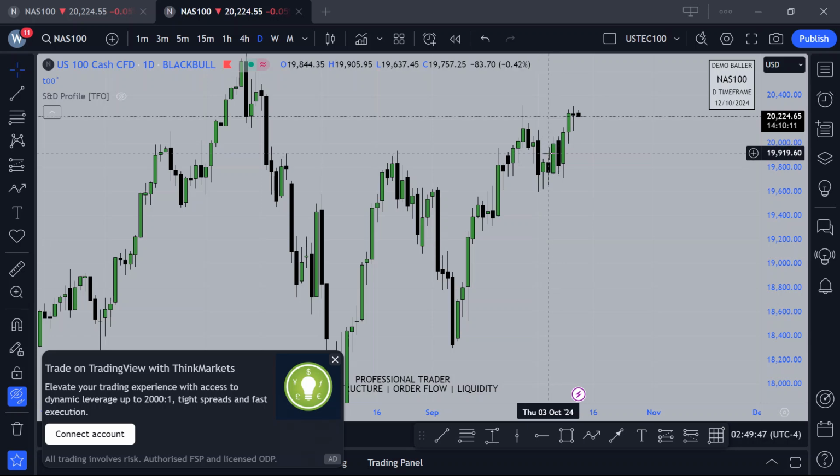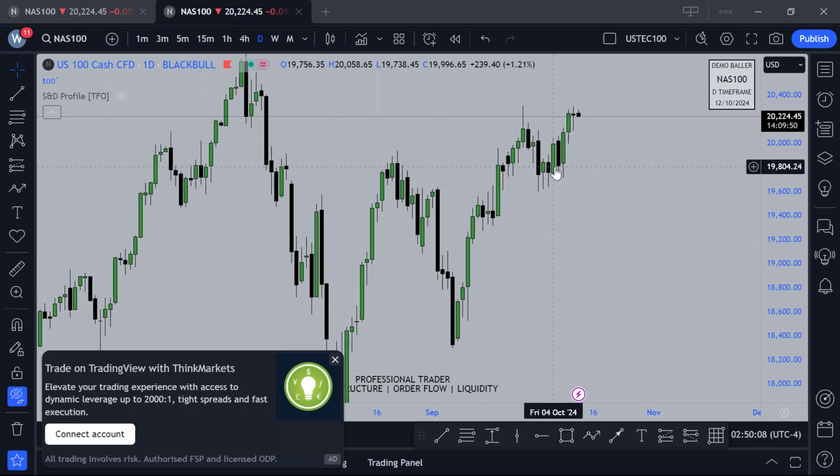So that was a change of character, a market structure shift, and then price created this down close candle here, which is now a bullish order block that price came back down into. Respected beautifully.